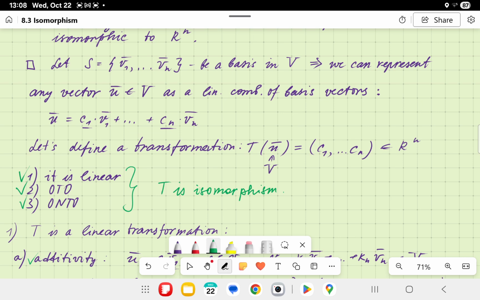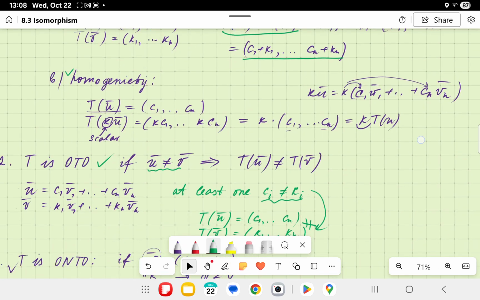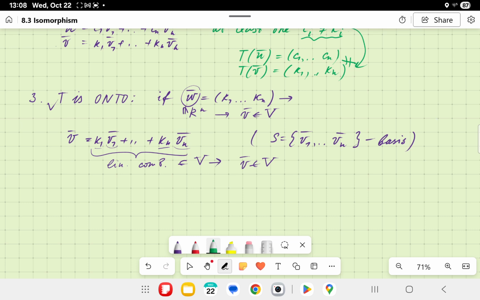So if a space of some other objects is isomorphic to this Rn space, we can do work in Rn and then transfer our results to the n-dimensional space of any other objects. And that's very good because we have lots of tools for Rn. I'm going to show you an example of an isomorphism.